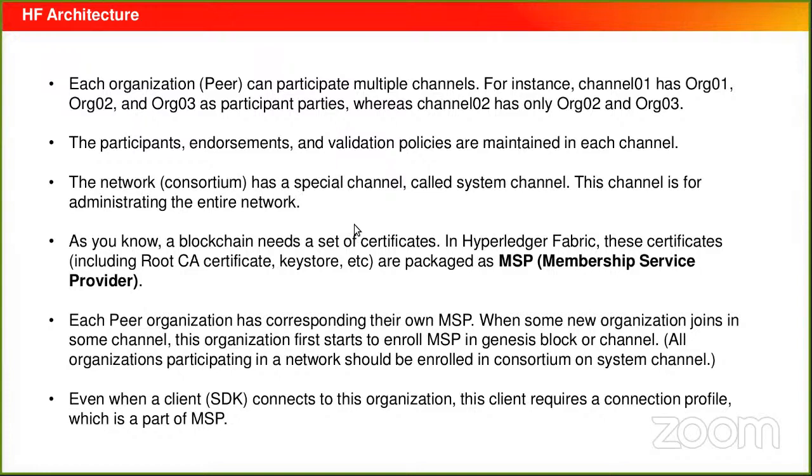To recap, some policies are defined in a channel for the members inside that channel, and some policies are defined at a very high level by the system channel, which regulates the activities inside the whole network.